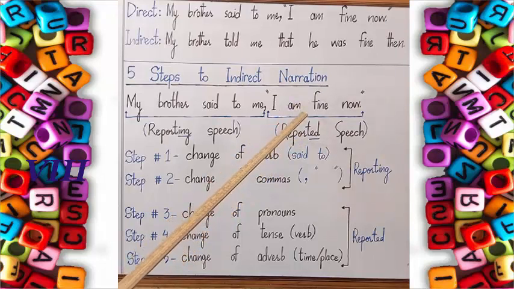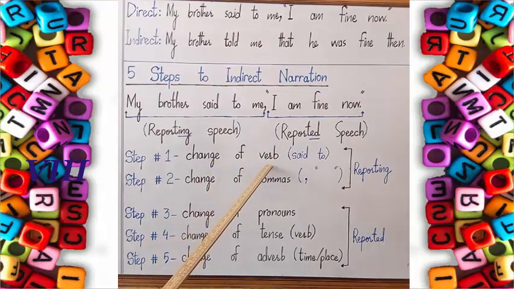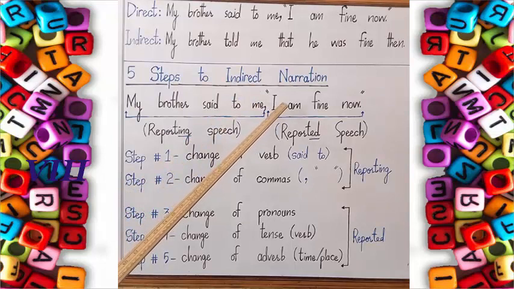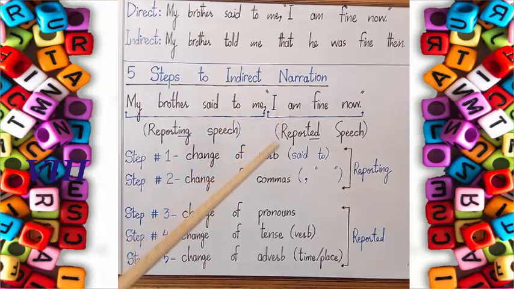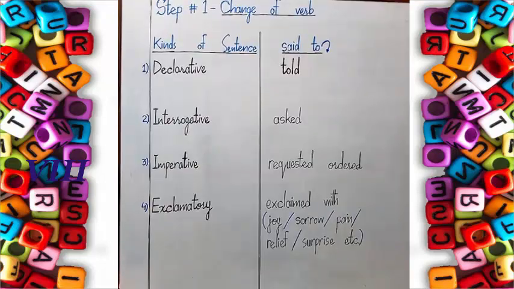The change which we are talking about, the change of verb, depends upon the kind of sentence given here in the reported speech. For example, if declarative sentence is given here in reported speech, what change we make, I am going to tell you. So I hope you have understood from the example there what reported speech is.